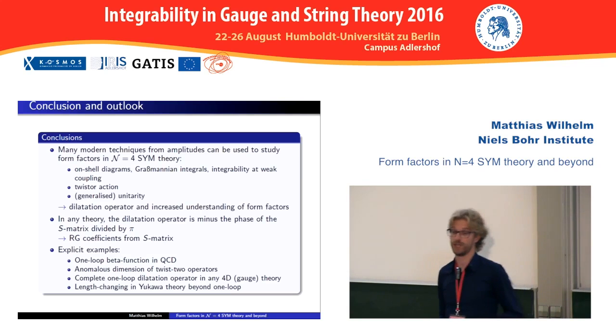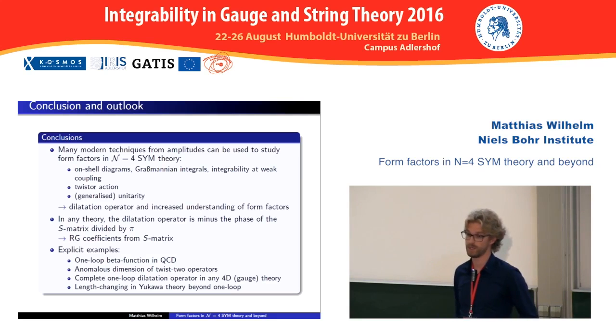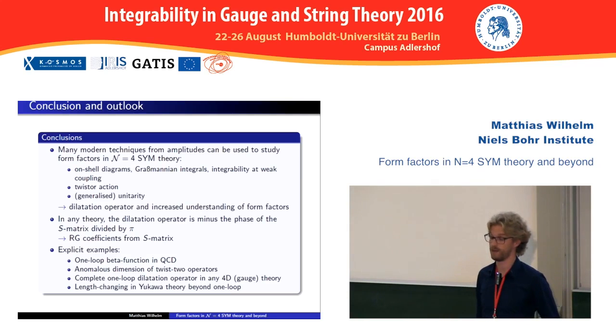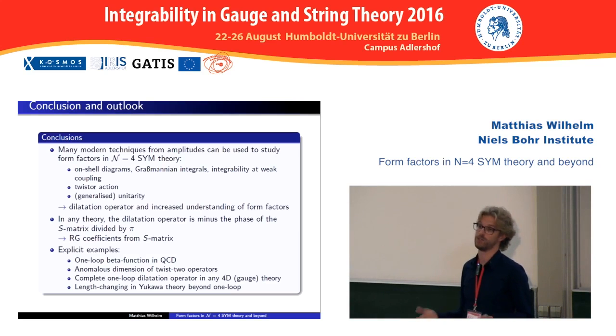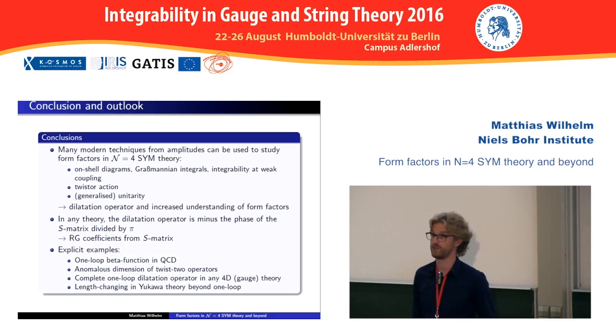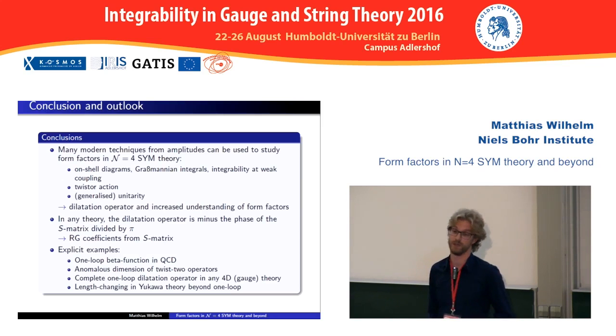These include on-shell diagrams, Grassmannian integrals, integrability at weak coupling, the twistor action, unitarity and generalized unitarity, as well as the application of the symbol to remainder functions, which show some universality. This has led to some increased understanding of form factors in N equals 4 super Yang-Mills theory, as well as to some on-shell approaches to the dilatation operator.